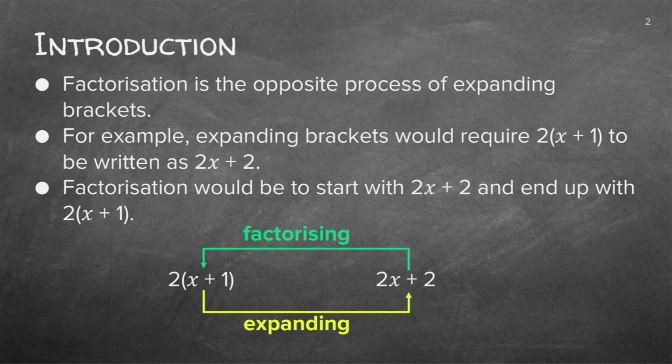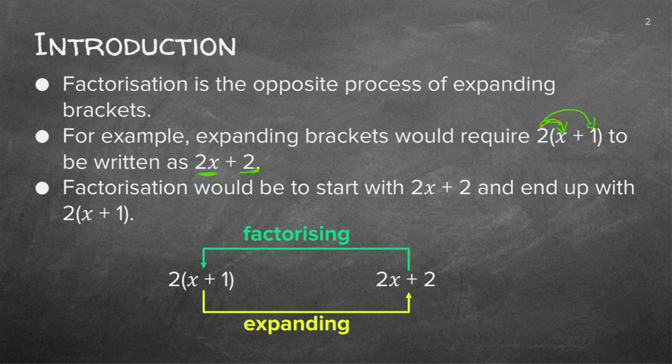For example, expanding a bracket will require 2 multiplied by x plus 1 to be written as 2x plus 2. This means you've multiplied 2 and x, and also multiplied 2 and 1. That is why you have 2x plus 2.